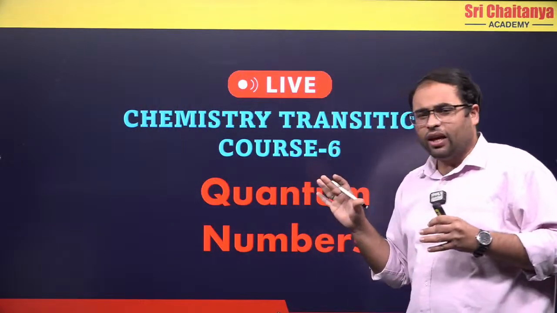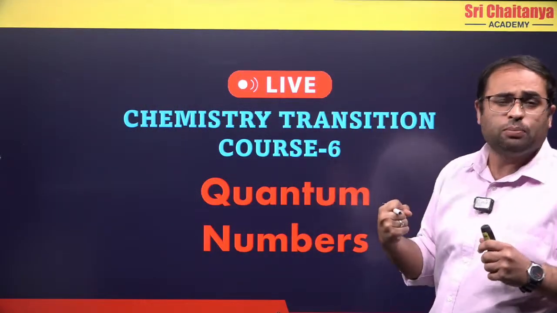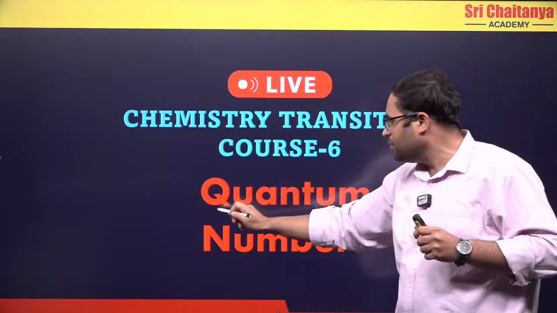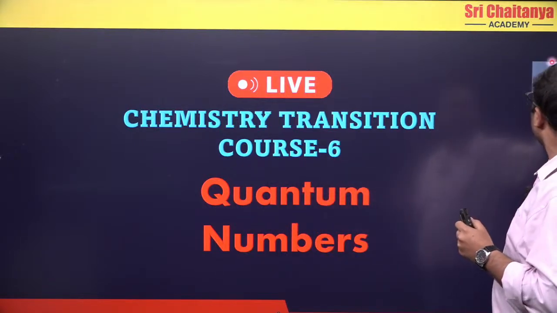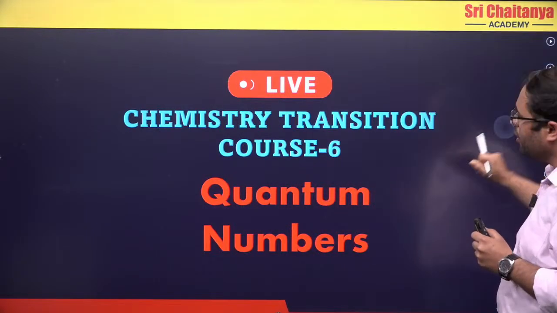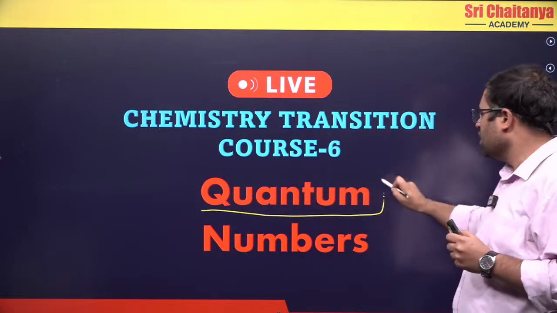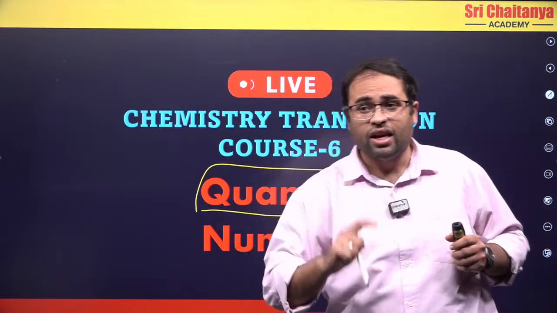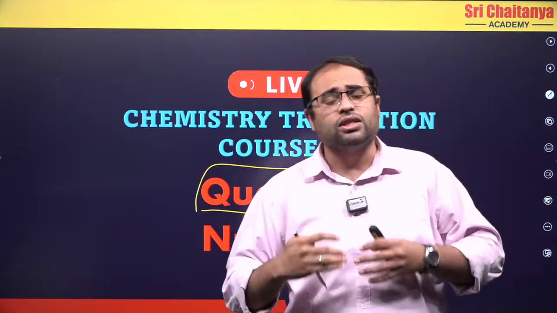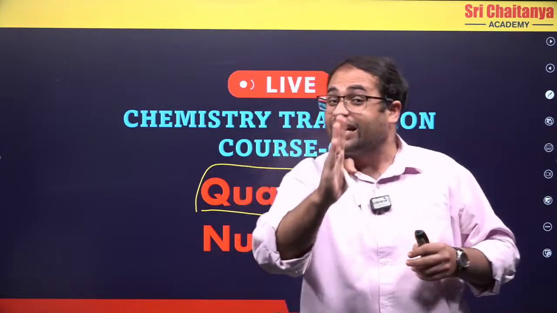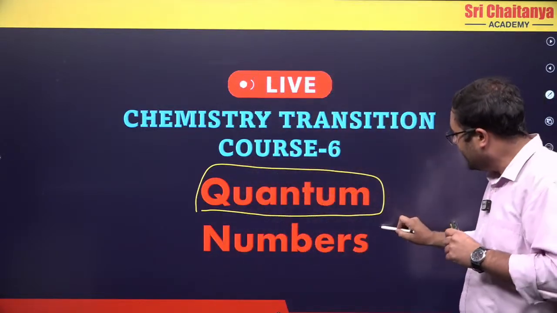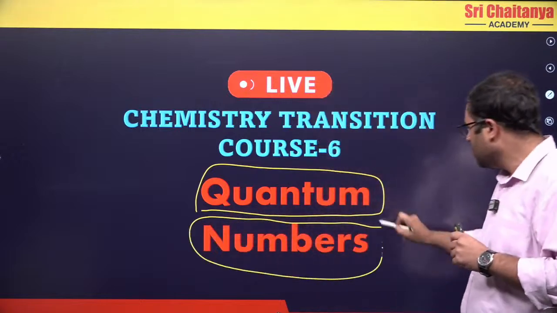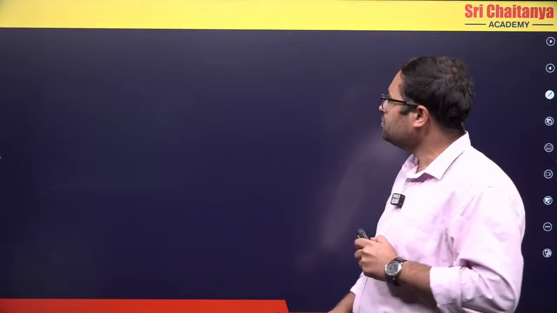Now moving on to this session, which talks about something at the core of today's progress, that is quantum numbers, right? So what are these quantum numbers, and how did they come into existence? You might have heard about the term quantum computing, right? All that, quantum computing, originates from quantum numbers.